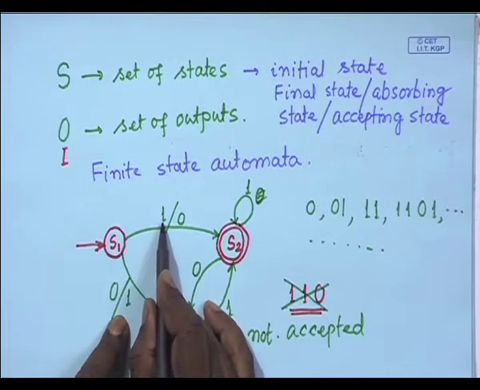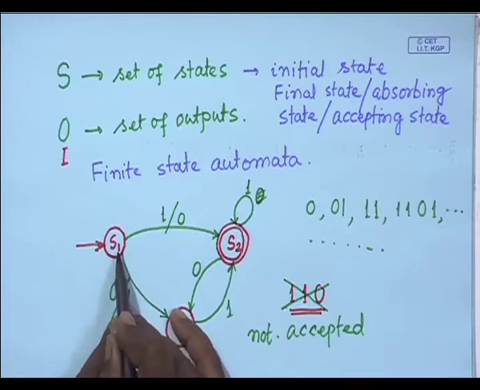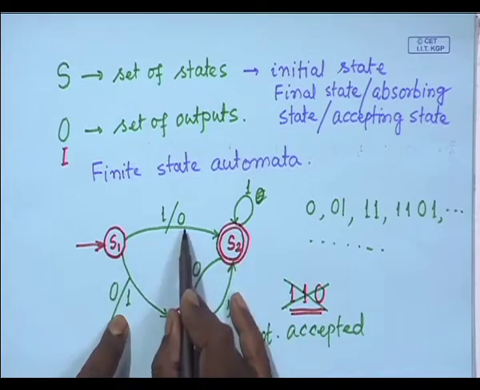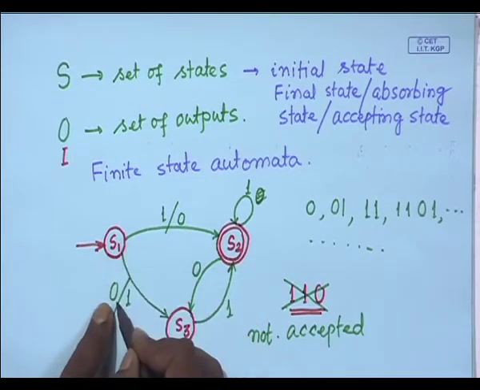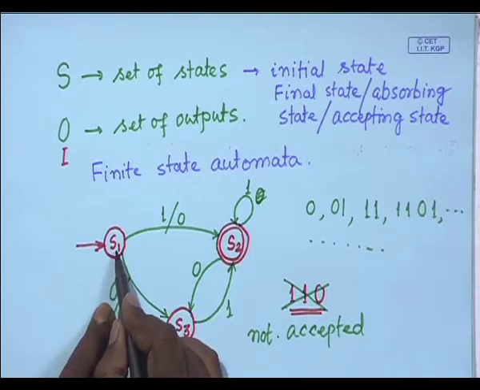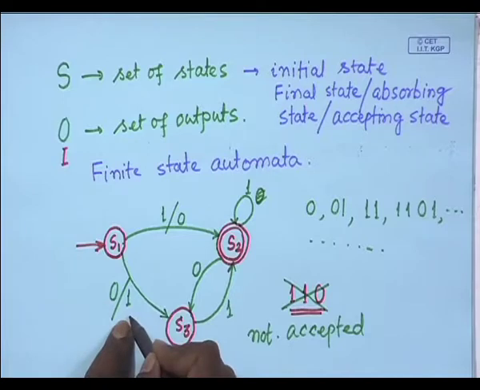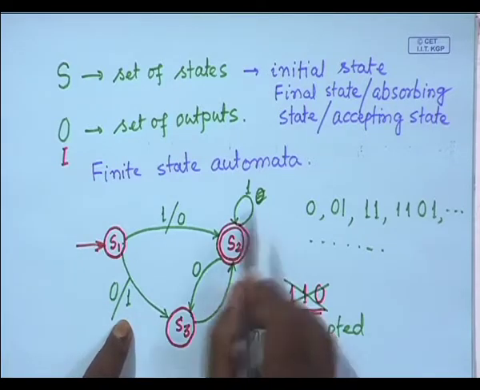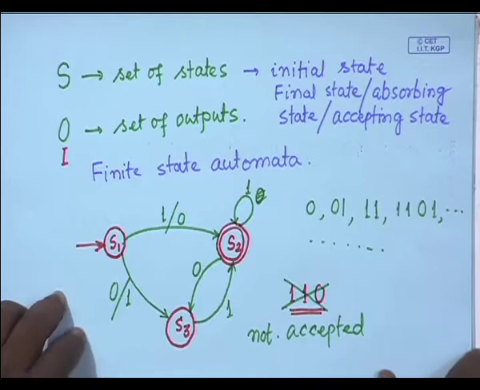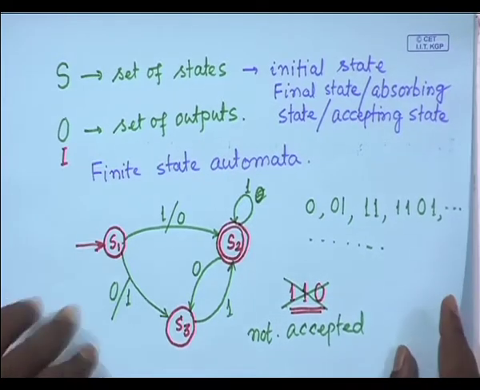So, with 1 as input, the machine moves from state S1 to S2 with an output 0. If the input is 0 in state S1, the machine moves from S2 to S3 with an output 1. Okay. So, this is what a sequential machine or a finite state automaton is, if the set of output symbols is limited to 0 and 1.